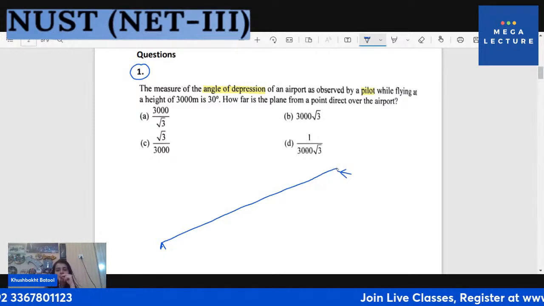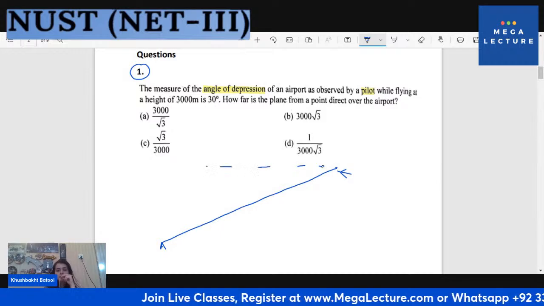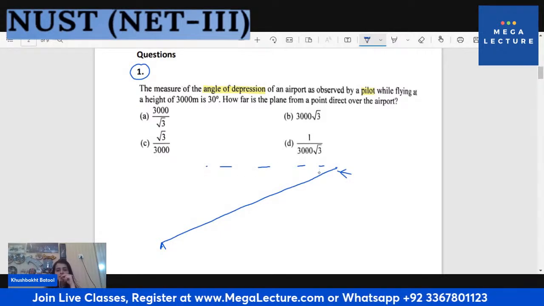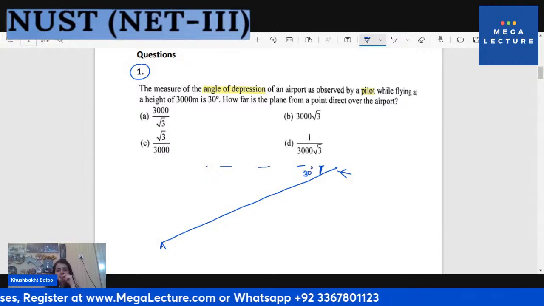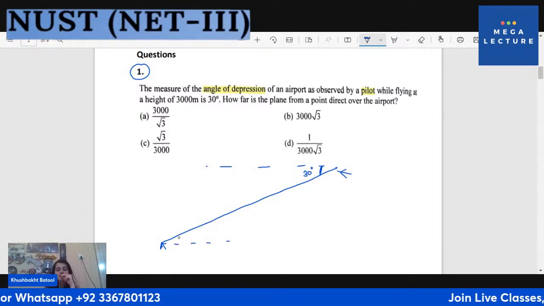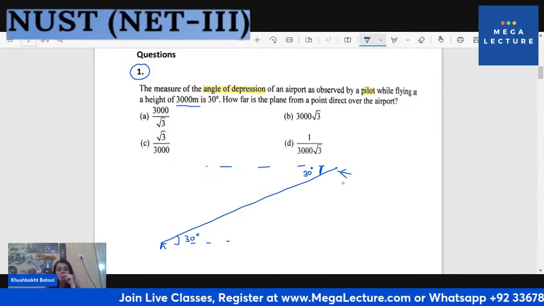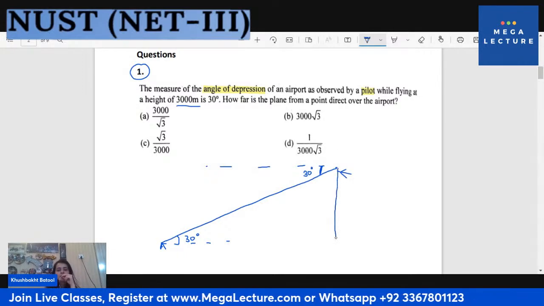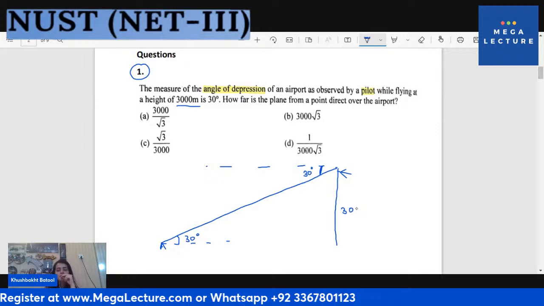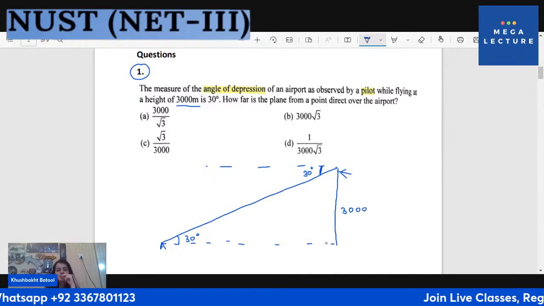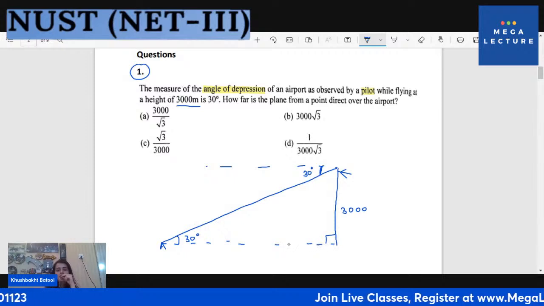So angle of depression is basically going to be this angle right here, that is 30 degrees. And we know that angle of depression is the same as the angle of elevation, so this would also be 30 degrees. The height of the plane is 3000 meters, so if I make a straight line, it would be 3000 meters high. And this is your right angle triangle.